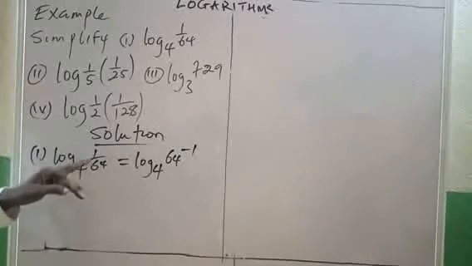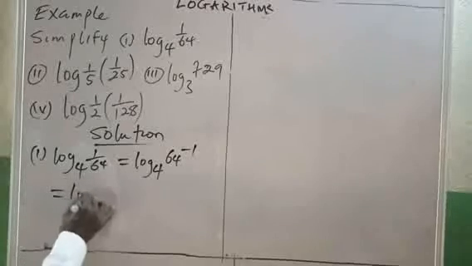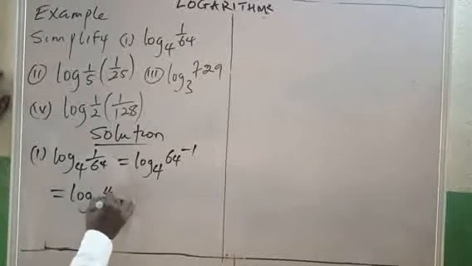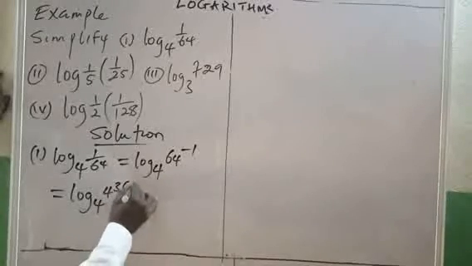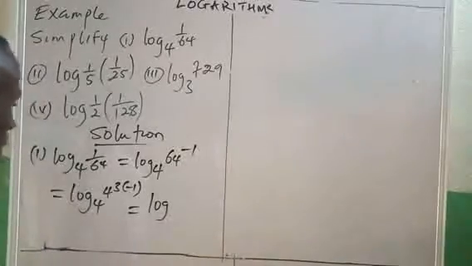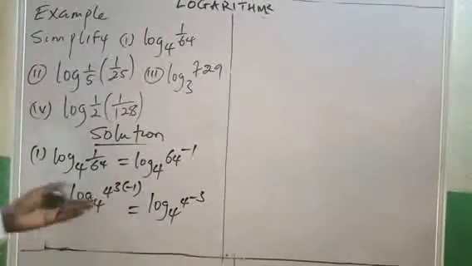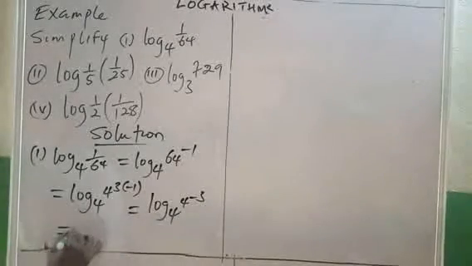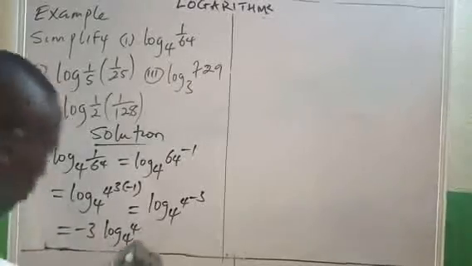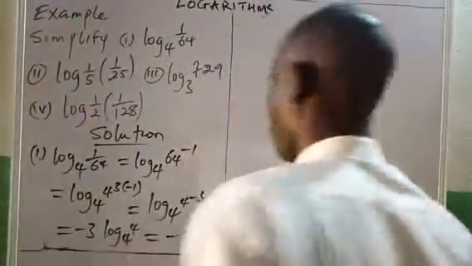Remember the law of indices. So this is the same thing as log 4 of 4 raised to the power of 3, bracket minus 1, which is the same thing as log 4 of 4 raised to the power of minus 3. So if you look at the third law, this will become minus 3 log 4 of 4, and that will be equal to minus 3.